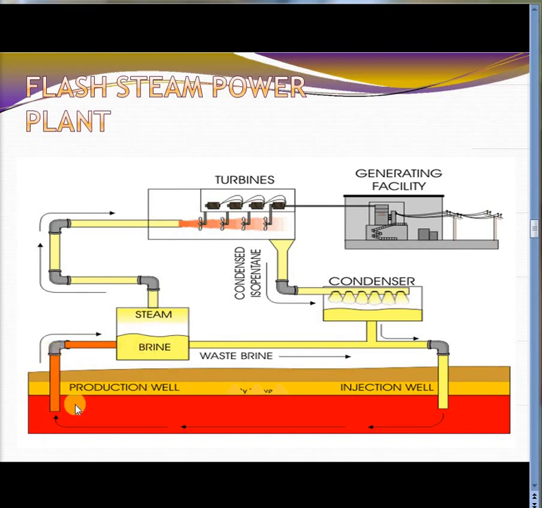See, when the pressure is high, this water stays liquid, and once you reduce the pressure, it gets vaporized. So these vapors are used to drive the turbine, which in turn drives the generator.